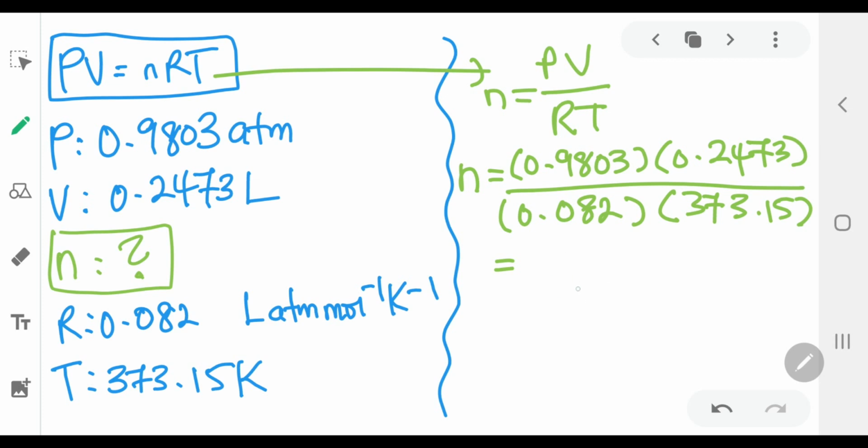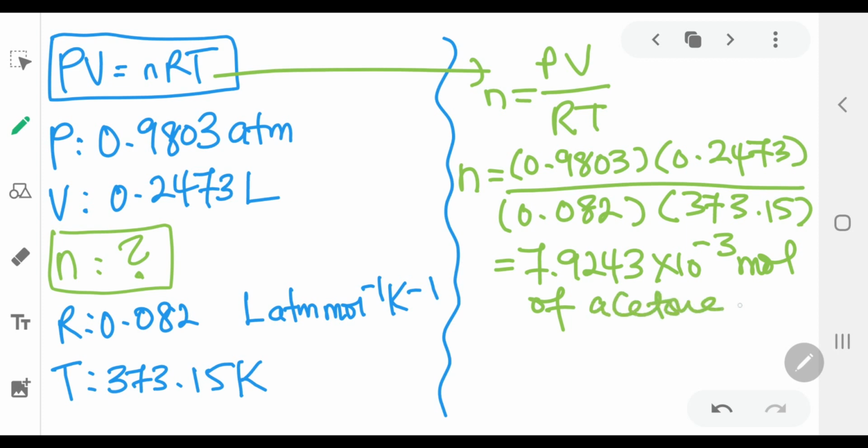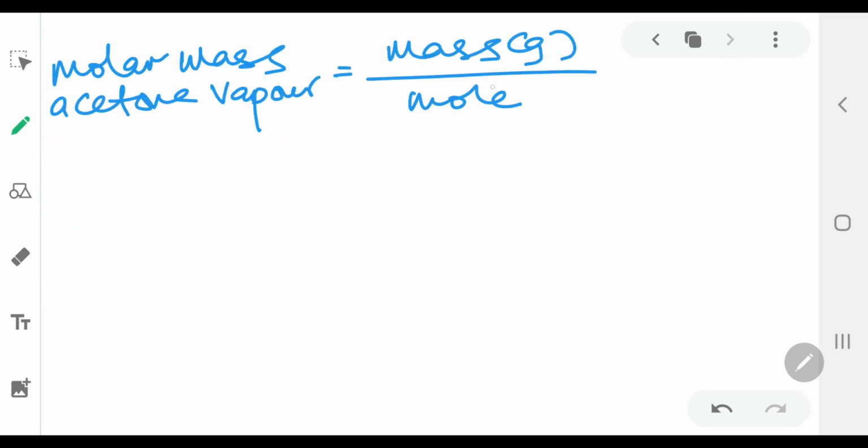You would get the number of mole 7.9243, I like to take 4 decimal places when I calculate, times 10 to the power of -3 mole of acetone. So we have got the number of mole.